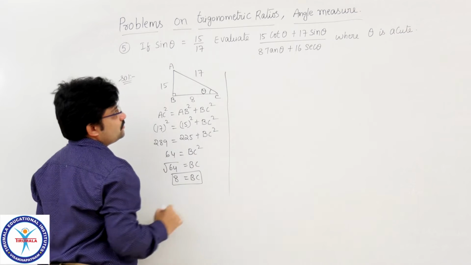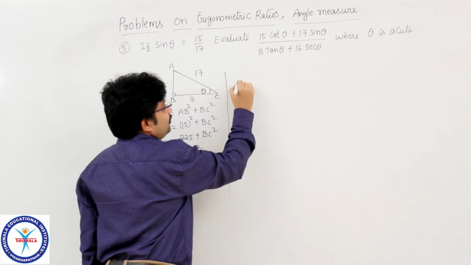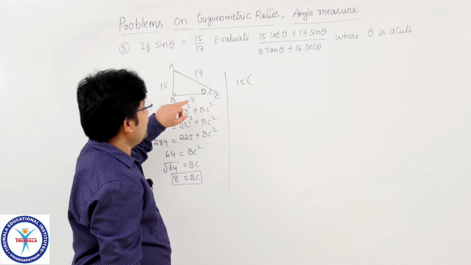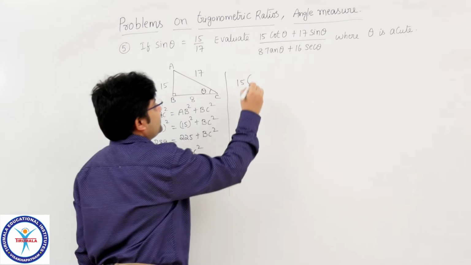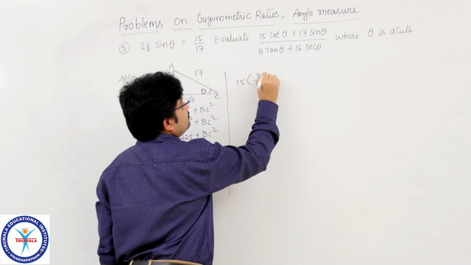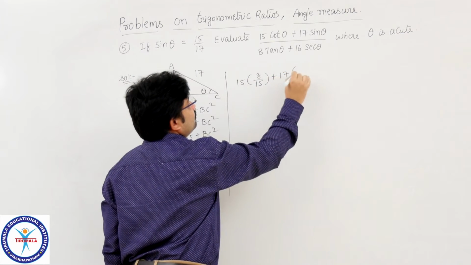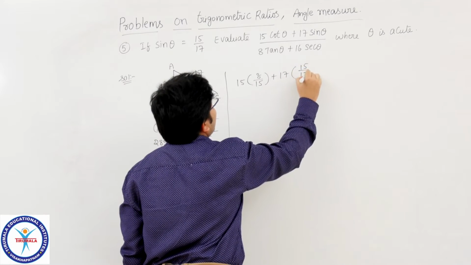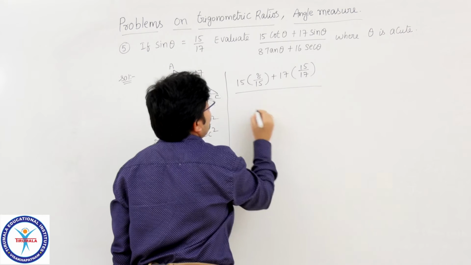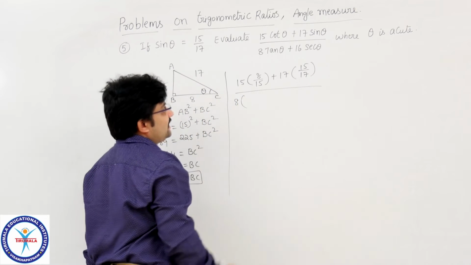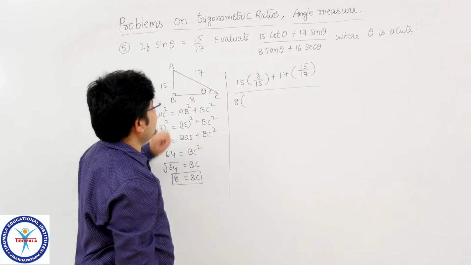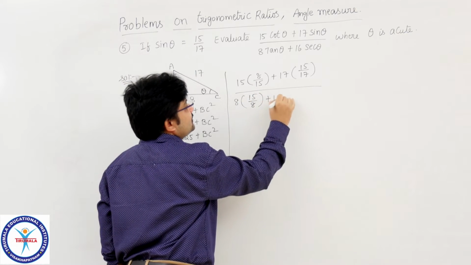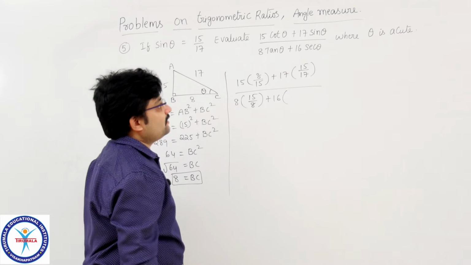Now let us evaluate this one. 15 into cot theta. What is cot theta? Adjacent side by opposite side, that means 8 by 15, plus 17 into sin theta, that is 15 by 17, by 8 into tan theta. Tan theta is opposite side by adjacent side, 15 by 8, plus 16 into secant theta.